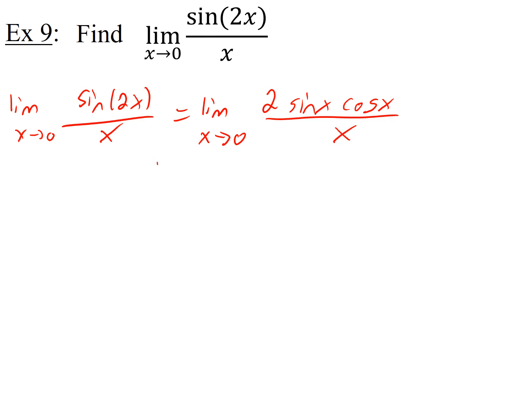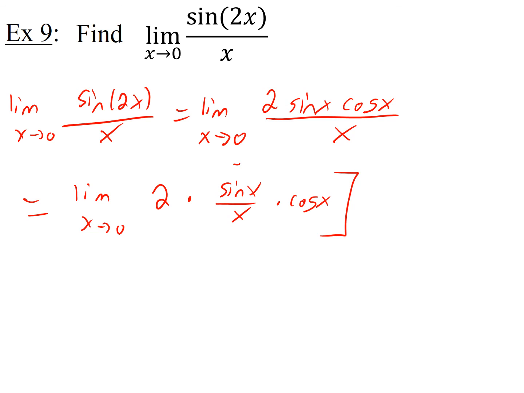Then we can rewrite the function a little more. I'm not even using any limit properties yet. All I'm doing is rewriting the function in a way where it's easy to use the limit law. So I'll write 2 times sine x over x times cosine x. And I'm going to put this in a bracket because we just found that limit to be 1 a few seconds ago. And so now, here I'm going to write down by 3.